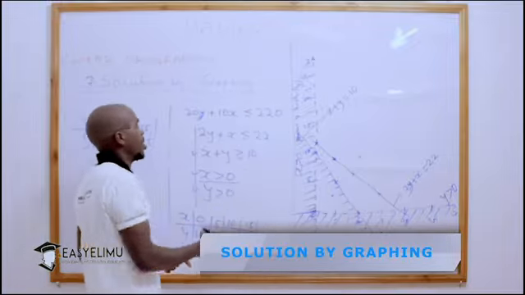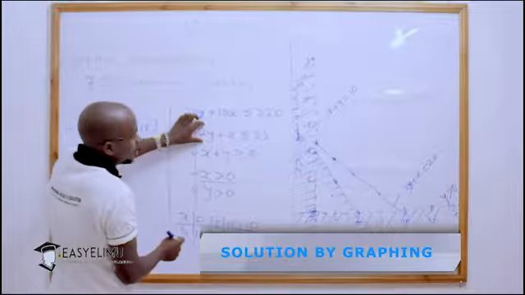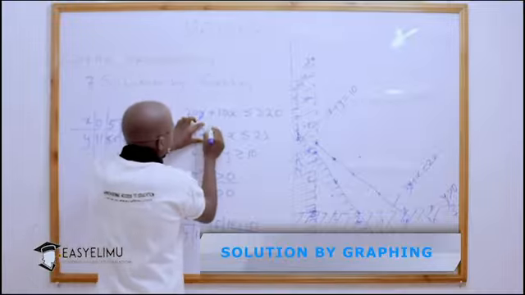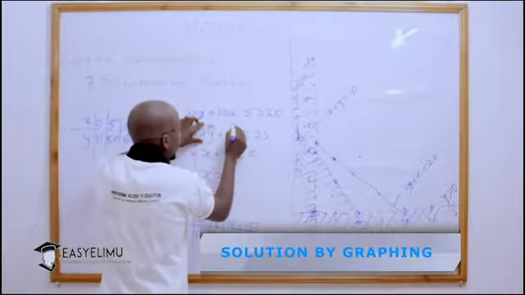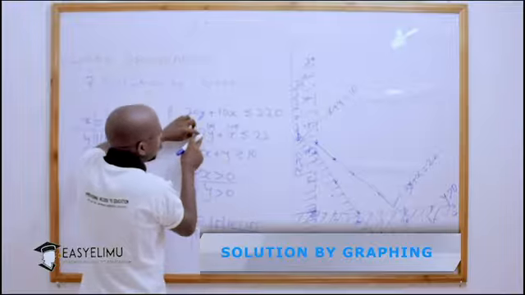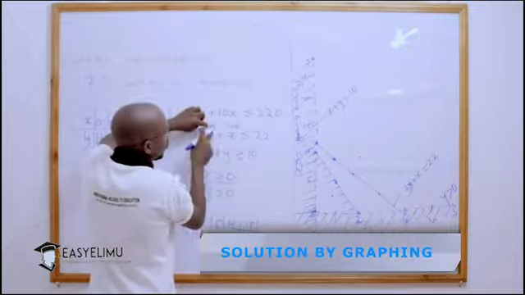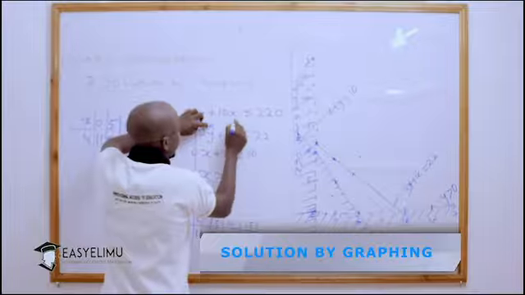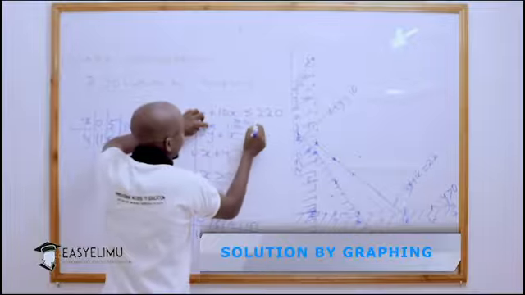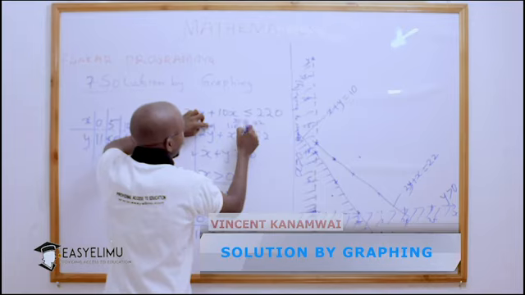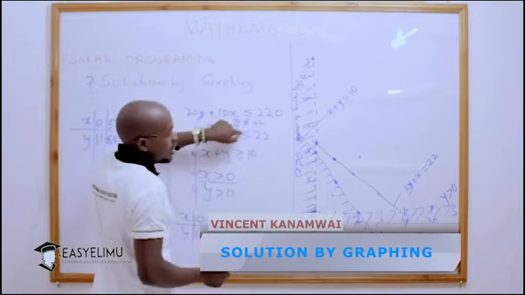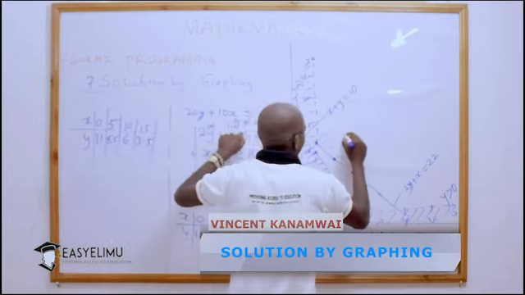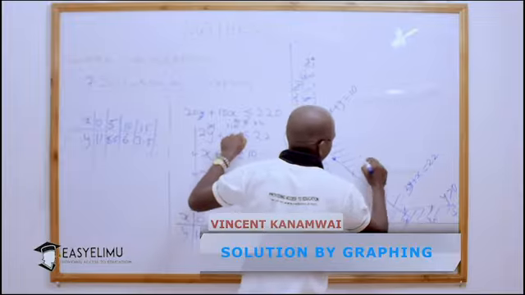We need to identify that point. We shall substitute where y is 10 and x is 10. So if we substitute, we find 2 times 10 is 20, 20 plus 10, you are getting 30, but 30 is not less than or equal to 22. This one is not true. So meaning the outward side is not true, so we need to shade the outward side.